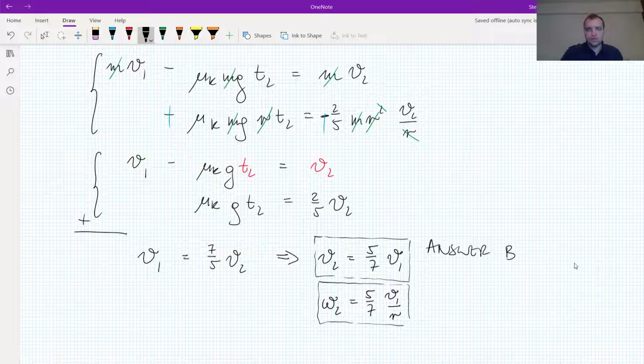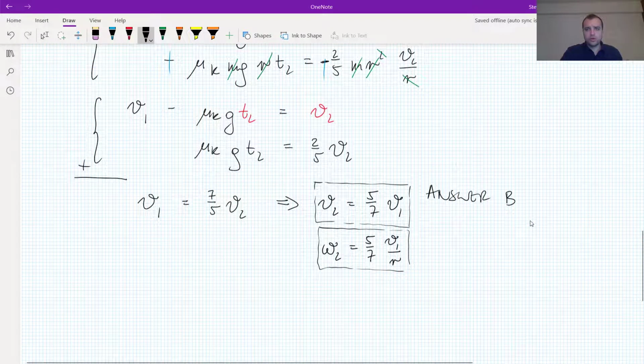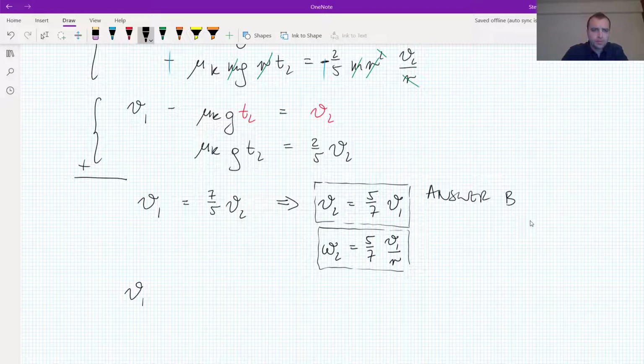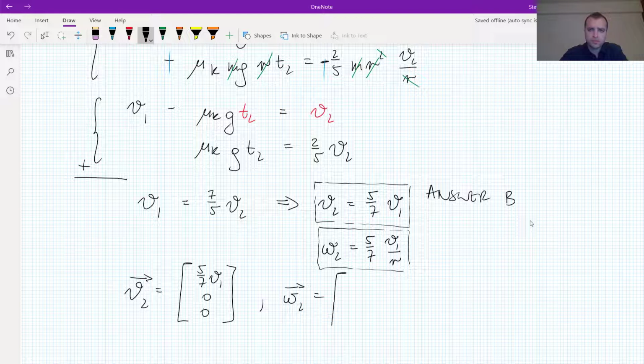Because we found v2 and omega 2, maybe let's express them in a vector form. So v2 will be 5 divided by 7 v1 0 0, and also omega 2 is 0 0 5 divided by 7 v1 divided by r.